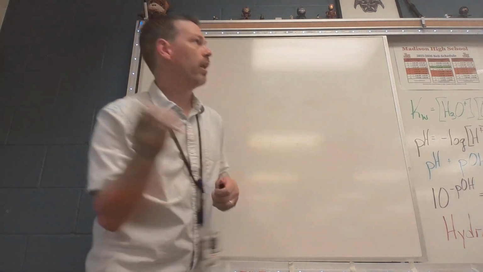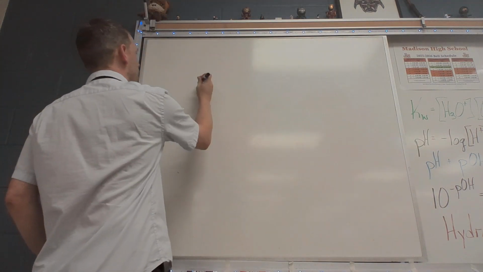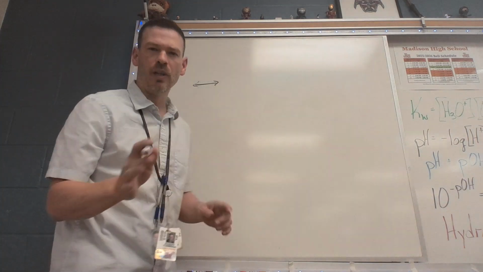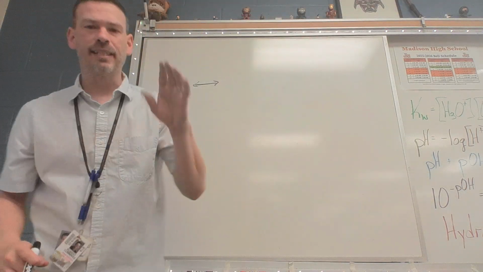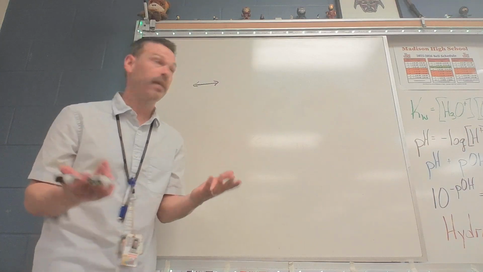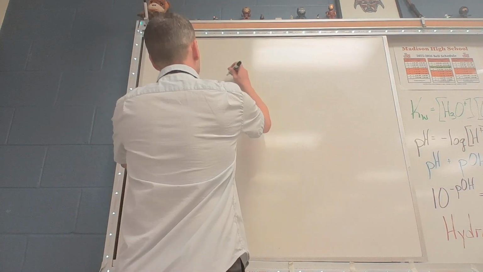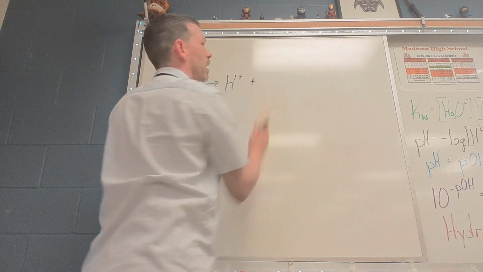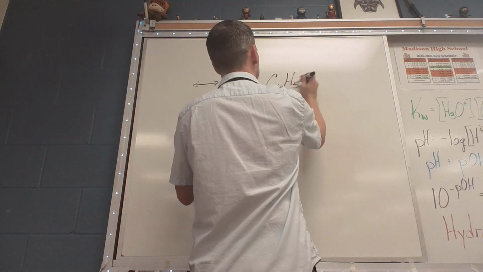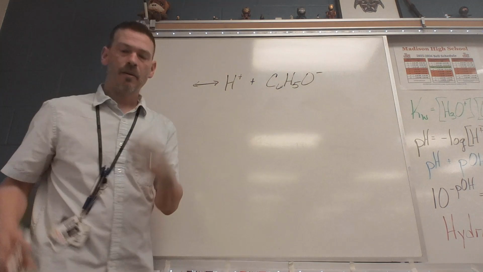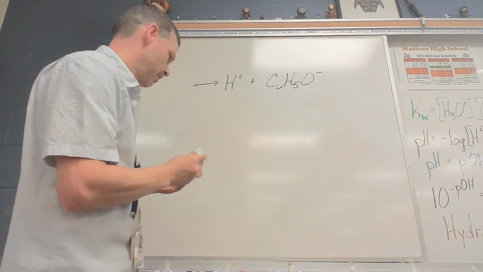So just to go through it, the very first one would dissociate at equilibrium because it's a carbon containing acid, so it's weak. And it would dissociate into H plus and C6H5O. We did that in Unit 2.